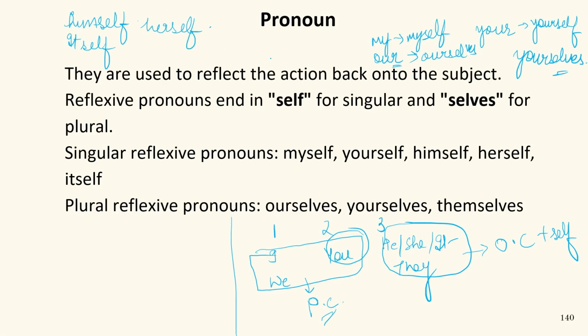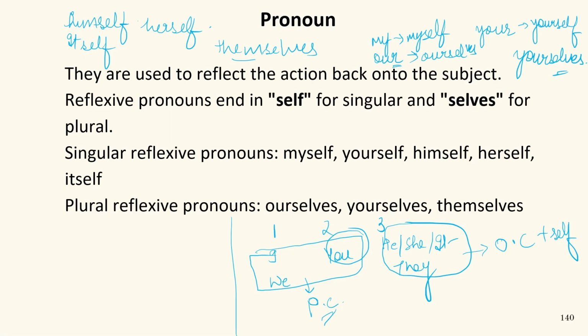All these are objective cases of such words. But in case of they, we have them as the objective case, and we'll write selves over here, not self, because them is plural, so selves is correct. So themselves. In this manner, we write these pronouns as reflexive pronouns.